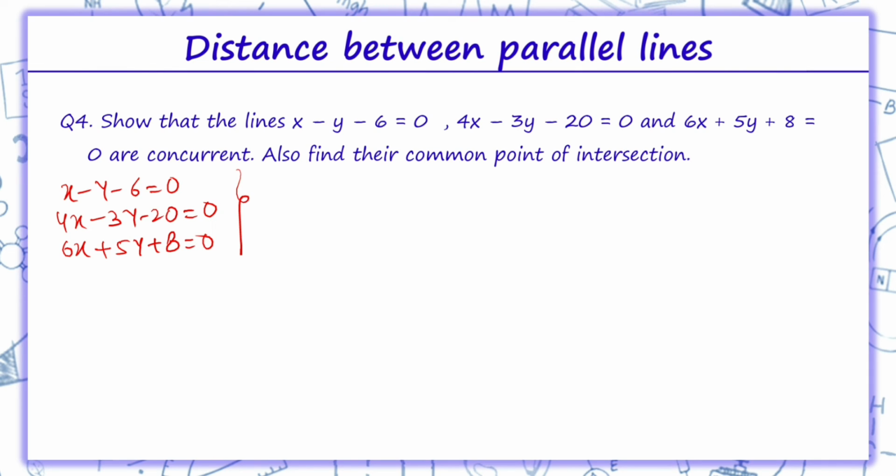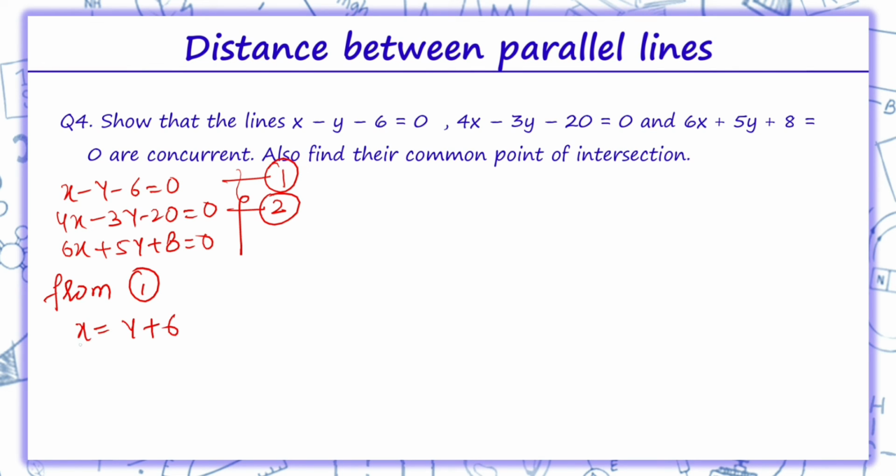So for showing three lines to be concurrent, what we have to do, we'll find the value of x and y from first and second equation, and whatever value of x and y we'll get from first and second equation, we'll substitute in the third equation, and when we'll get LHS is equals to RHS, thus we conclude that these three lines are concurrent.